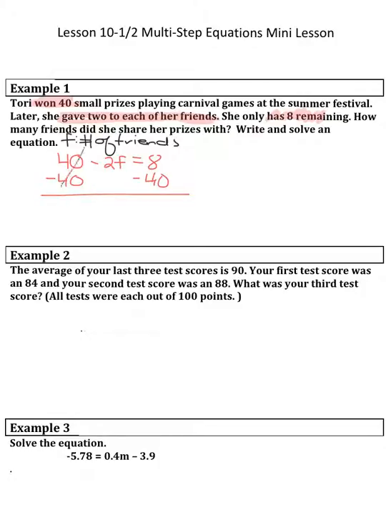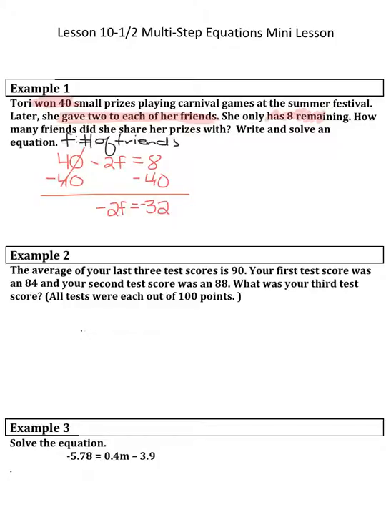The 40s cancel. Don't forget to pull the minus 2F down, including the minus sign, and that equals 32. Now it's a negative because you had more of the negative number, right? 8 minus 40 is negative 32.